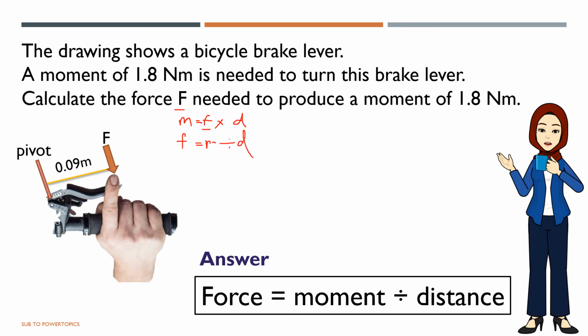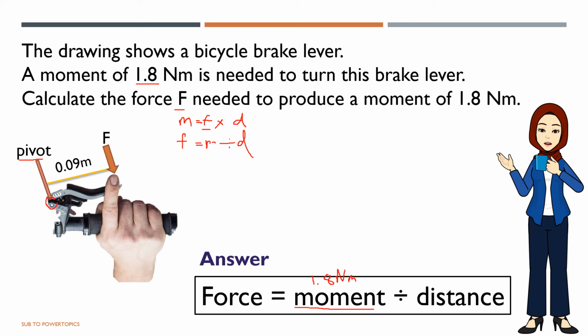So what is the moment here? They have given the moment, which is 1.8 Newton meter, and the distance is actually given in the picture. Can you find where? So here they have clearly stated where the pivot is. This is the pivot.